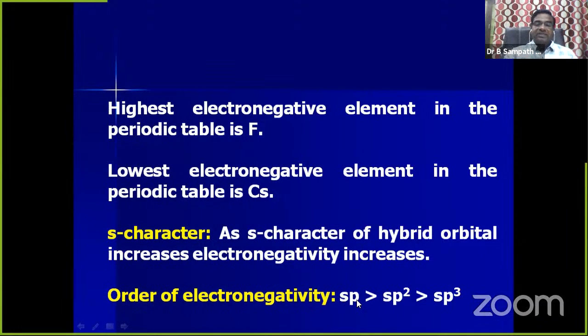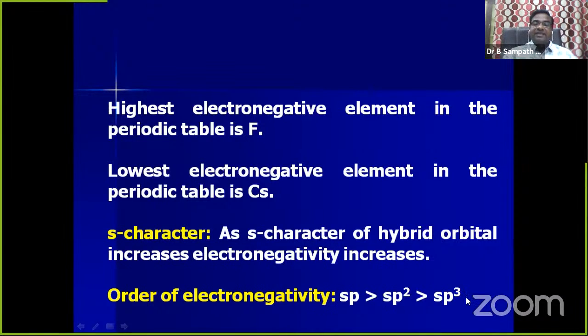If it is sp2 hybridization, s character is 33.33% and p character is 66.66% because two p orbitals are there. And if it is sp3 hybridization, s character is 25% and p character is 75%. So just see the s character: here 50%, here 33.33%, here 25%.